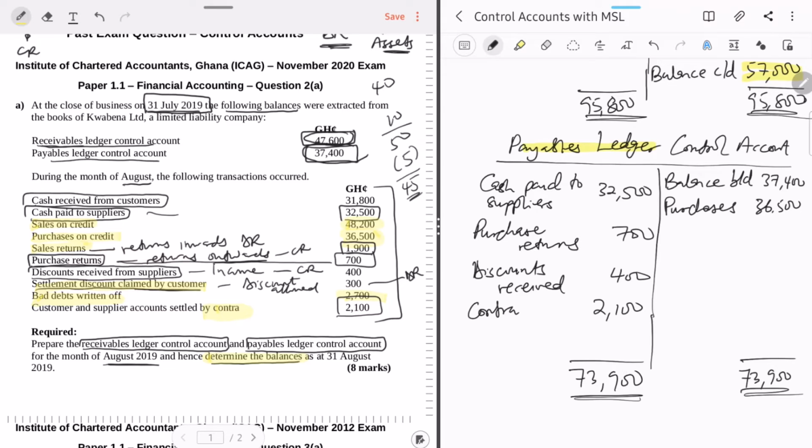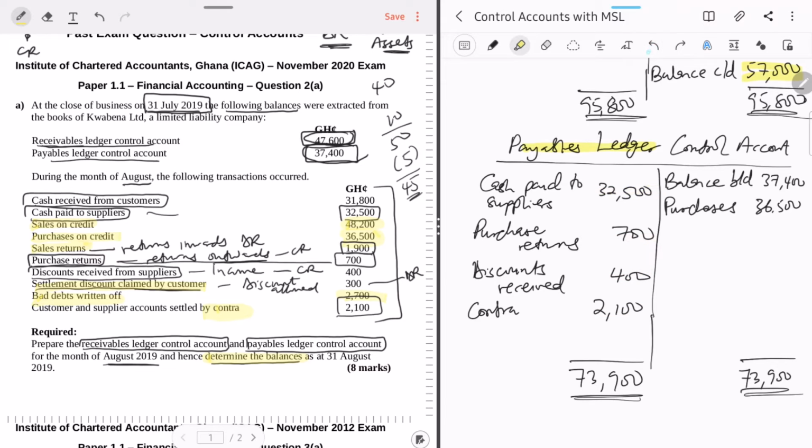Then the same exercise we did. I will add all the things on the credit side and then subtract from 73,900. So 32,500 plus 700 plus 400 plus 2,100 gives me 35,700.